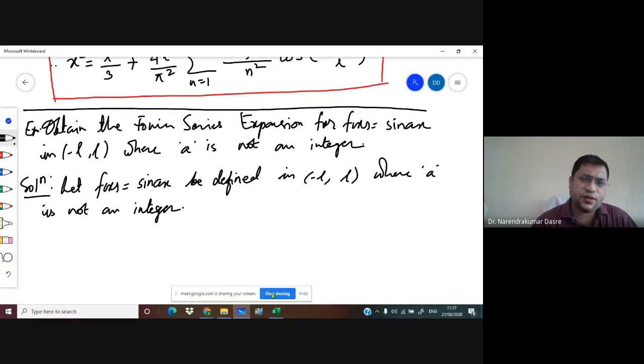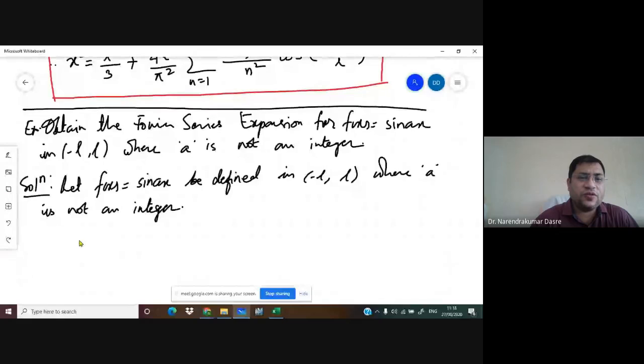Okay, this is given. So now, can you tell me whether this function is an even function or an odd function? Can you identify this function, whether it is even or odd? Remember the definition of even and odd function? So while defining the even function and odd function, we have taken an example of cosine function.